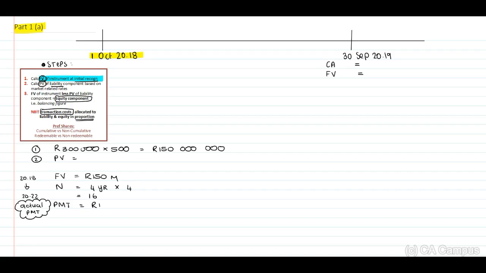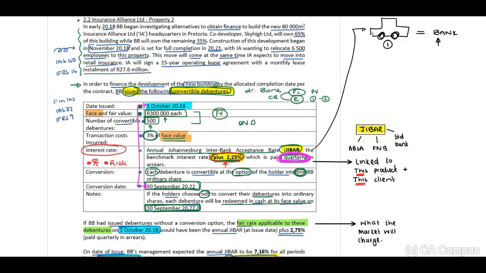This will be the 150 million times the JIBAR plus the 2.25%. Remember, they've indicated to us here in the scenario that the interest rate will be the JIBAR plus the 2.25%. Therefore, we need to determine what is the JIBAR on 1 October 2018.